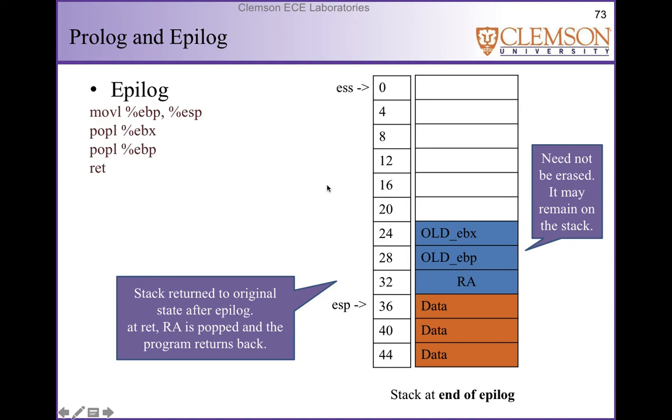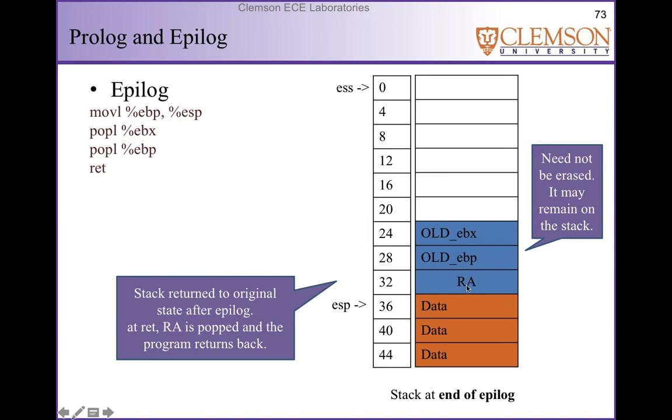What it does is EBP is pointing here, and then ESP will point here. Now, pop EBX, so it'll grab the old value of EBX and place it into EBX, and then increment. And then pop EBP, it'll grab the old value of EBP. EBP is pointing here, but once it grabs that old value, EBP will be pointing somewhere else, like way down here maybe. And then ret just grabs wherever ESP is pointing and increments.